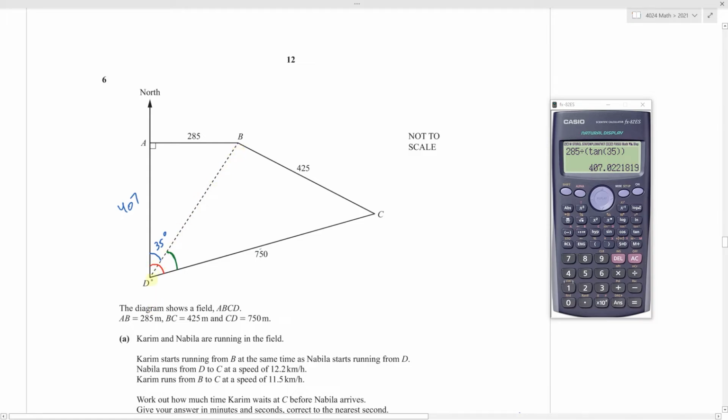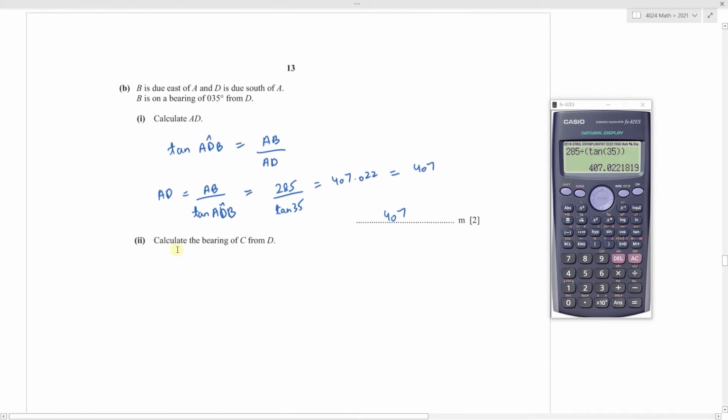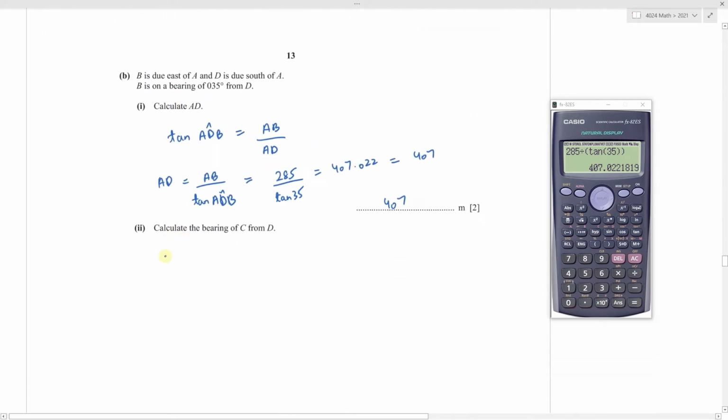So first let's calculate this length BD. BD is the hypotenuse, so BD square will be 407 square plus 285 square using the Pythagoras theorem. So BD will be the square root of this 407 square plus 285 square.